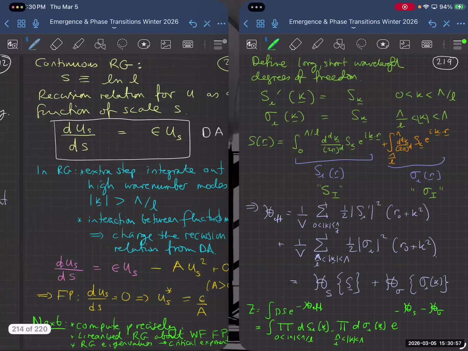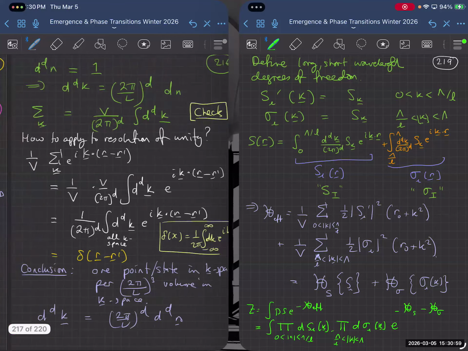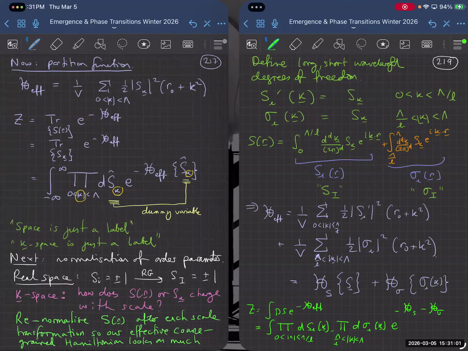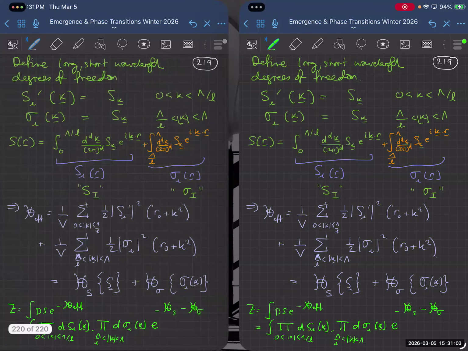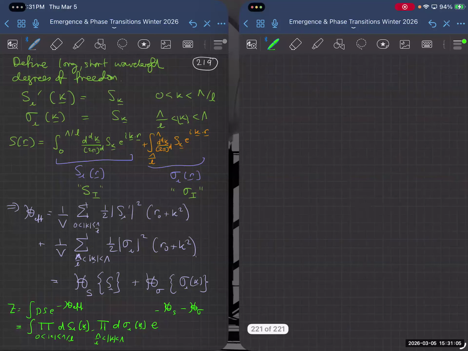All right. So what you've just seen is that the measure in the functional integral in k-space factorizes into the part that depends on the long wavelength degrees of freedom S and the short wavelength degrees of freedom d sigma.